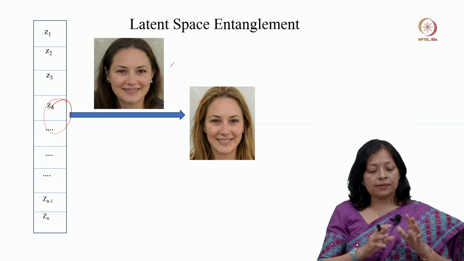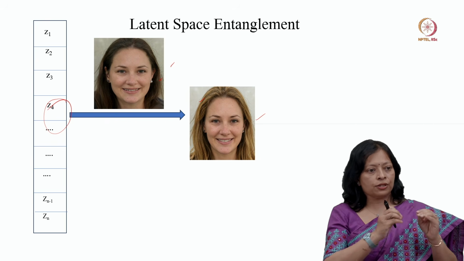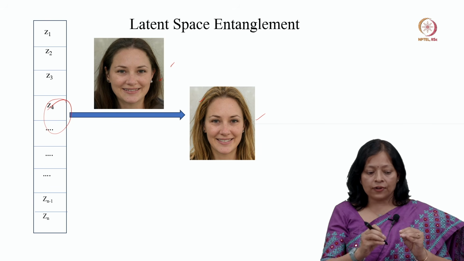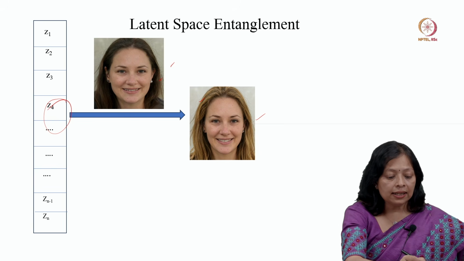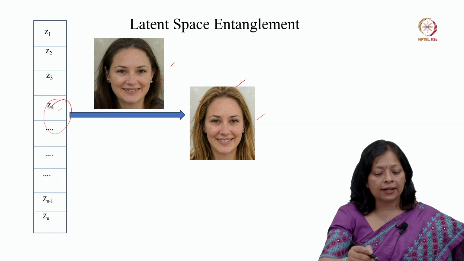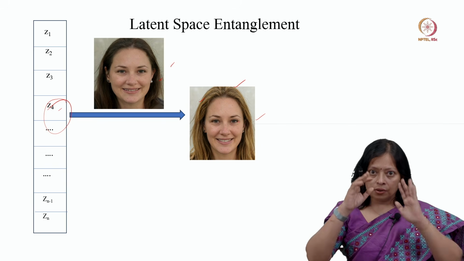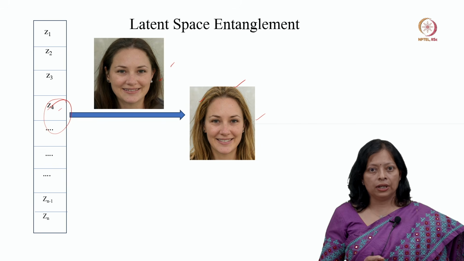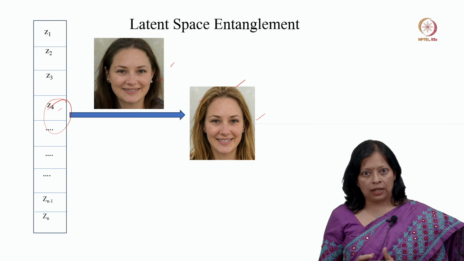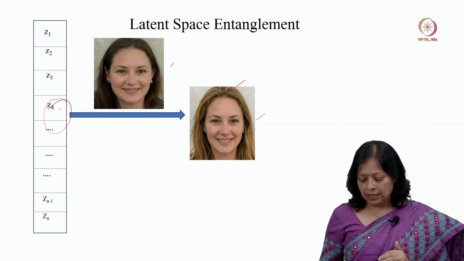First of all, there is no specific mapping of which latent variable controls which attribute. Just for example, if I change some latent variable, maybe it will change the color of the hair, but at the same time it will change the shape of the face also. So, it is not that I can change the hair color independently. Together with the hair color, the structure of the shape is also changing.